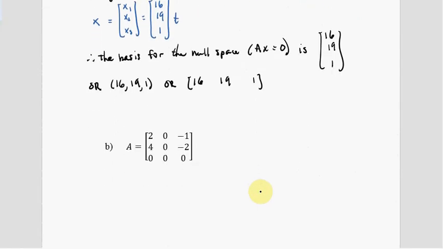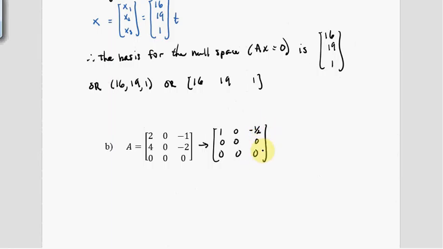It's the same argument for part B. We reduce the matrix. Reducing this gives us 1, 0, 0, 0, 0, 0, negative 1/2, 0, 0.